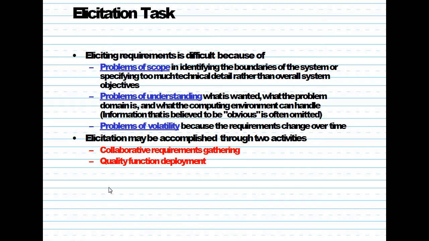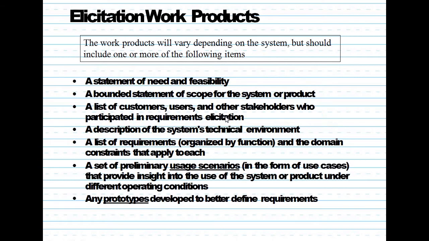Elicitation may be accomplished through two activities: collaborative requirement gathering and quality function deployment. Next, elicitation work products.